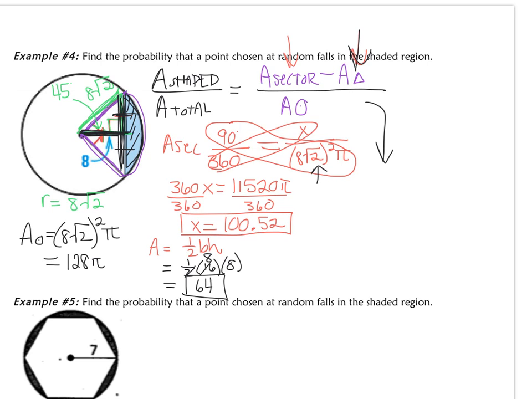So the area of the sector was what I found here. It's 100.52 minus the area of the triangle, which I found here is 64, and then I divide it by the area of the entire circle, which is 128 pi.